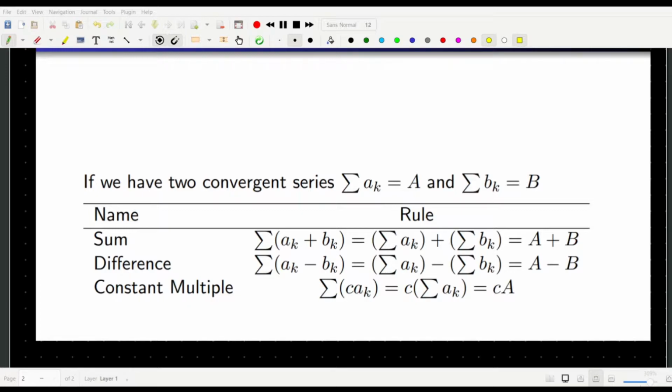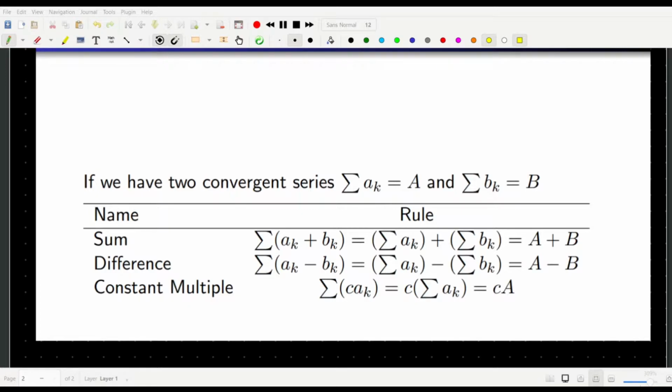The sum rule basically says that the infinite series of AK plus BK has to converge to the same value as the infinite series of AKs plus the infinite series of BKs, which is just going to be A plus B. And this is directly coming from our sum rule for limits of sequences.